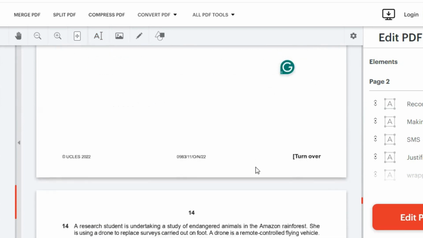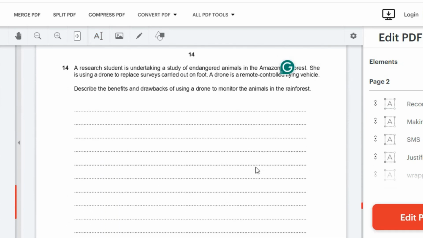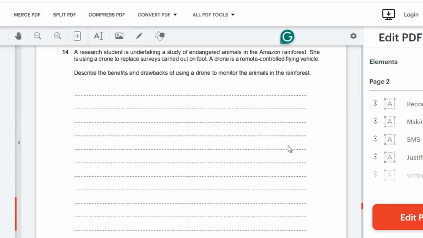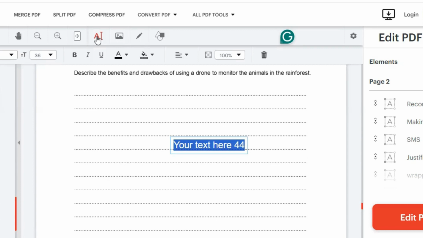All right, question number 14 says, a research student is undertaking a study of endangered animals in the Amazon forest. She is using a drone to replace surveys carried out on foot. A drone is a remote controlled flying vehicle. Describe the benefits and drawbacks of using a drone to monitor the animals in the rainforest.